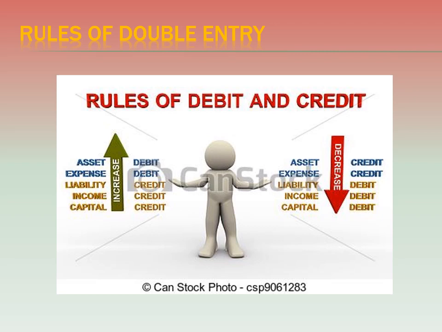If liability, revenue, capital decrease, then it will be debited. That is why in the last video I emphasized the classification of the items, because you need to know the classification of the item so that you will know the rules of debit and credit, which account is to be debited and which account is to be credited.